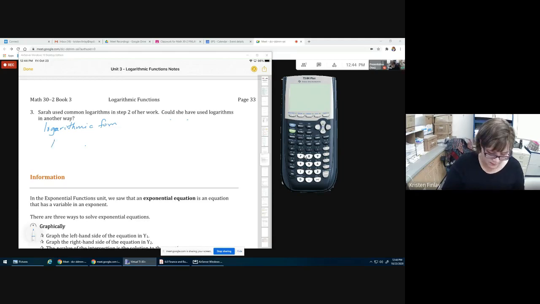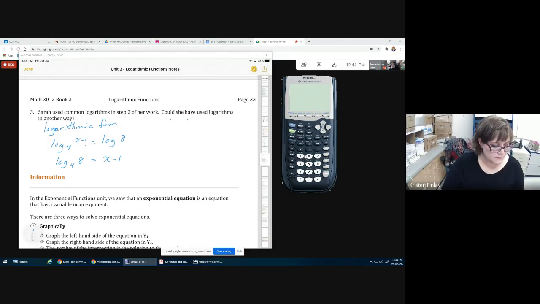Because we have log 4 x to the minus 1 equals log 8, she could write this as log base 4 of 8 equals x minus 1.